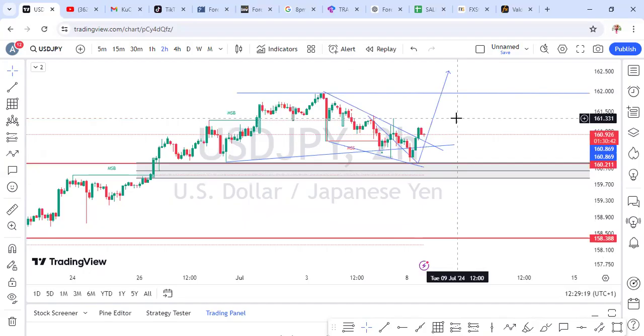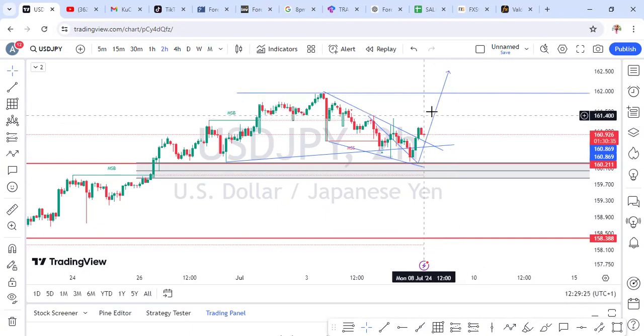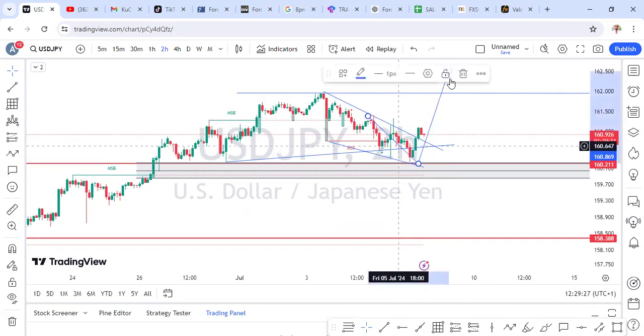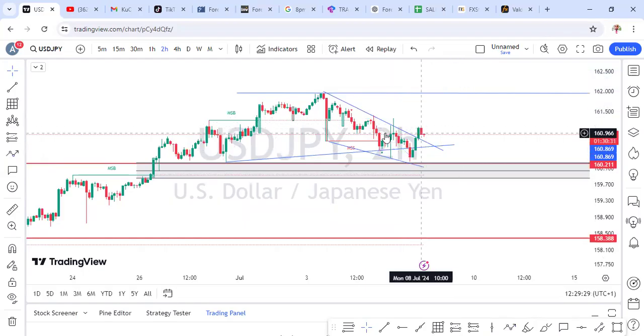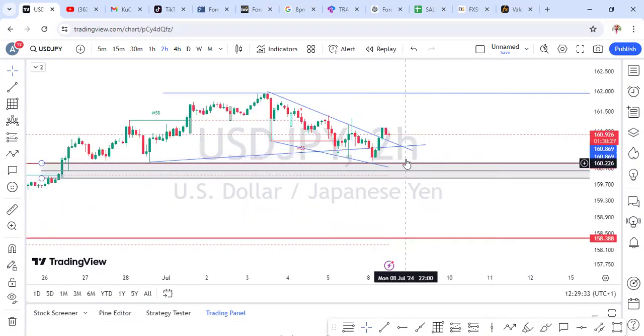When you see a bullish flag, it's a sign of bullish continuation, and when you see a bearish flag, it's a sign of bearish continuation. The price has given me a bullish flag, and the question now is whether you buy from the low of the flag or wait for a breakout and a retest of the flag.